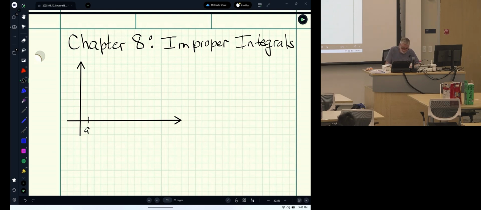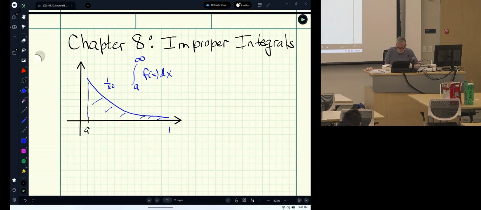I take a function, say 1 over x squared, and I do the integral from a to infinity of f of x dx.